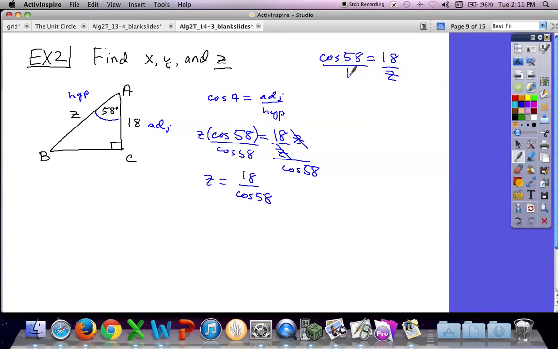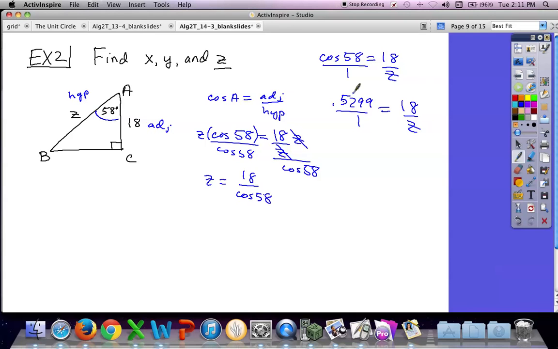If I did, the cosine of 58 is 0.5299, so it's 0.5299 over 1 equals 18 over z, and then cross multiply and solve for z. It shouldn't be that hard to solve. There's a variable in the denominator, but we make a lot of mistakes with that.